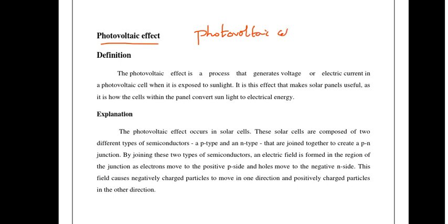So photovoltaic cells use the principle of the photovoltaic effect. It's a process of generating voltage, as I said, and when you have the voltage, we can use it for domestic purposes to generate electric energy. So this is used in the solar panels.